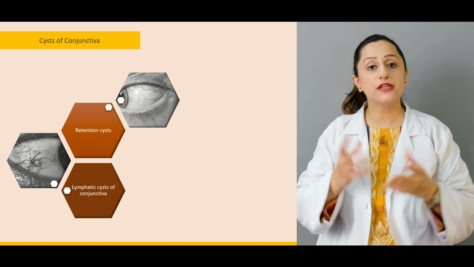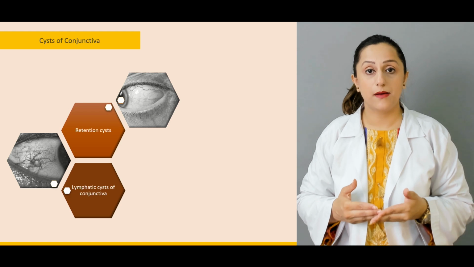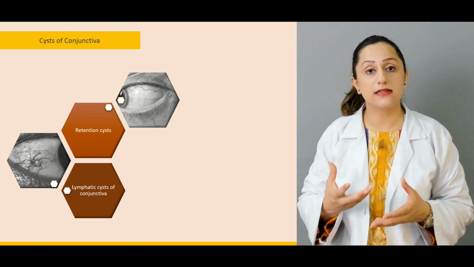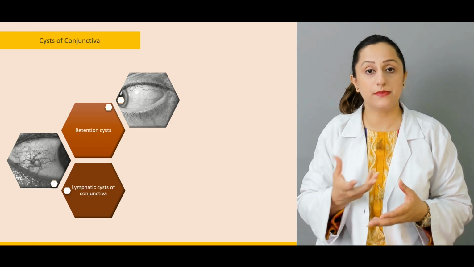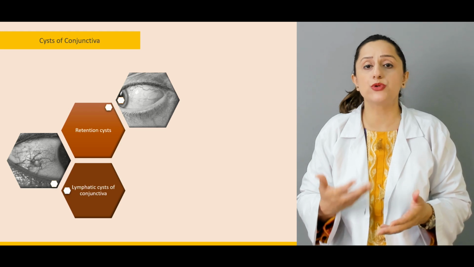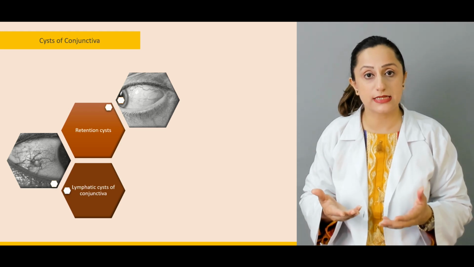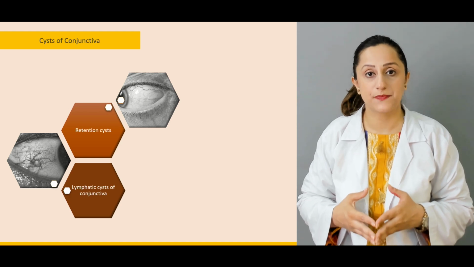Now, there are a lot of infectious states which can result in infections of the glands of Krause. It can be trachoma, or infections due to pemphigus. Usually these are the most notorious infections which can lead to the development of retention cysts.